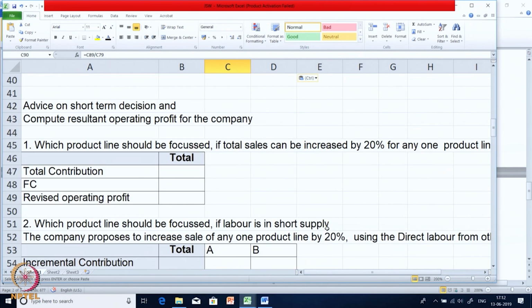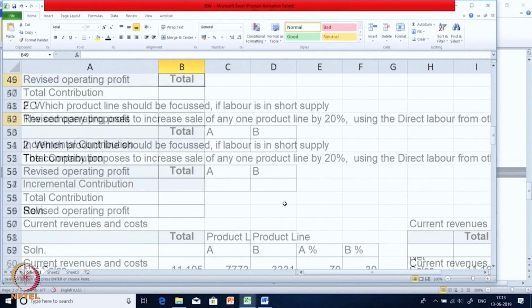So to respond to this question, which product line will be focused? The answer is A, and now the question is what will be the resultant contribution? So compute the total contribution and the revised operating profit.